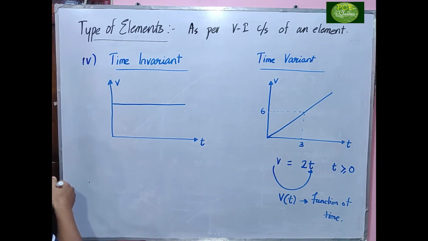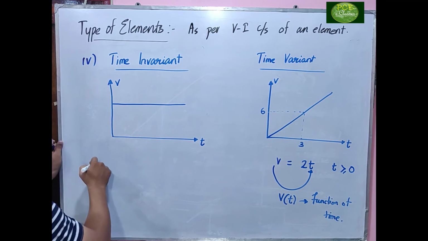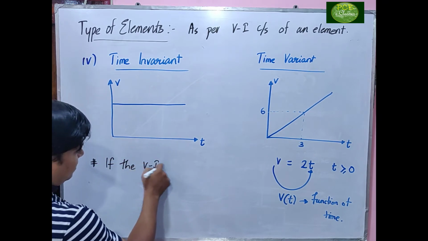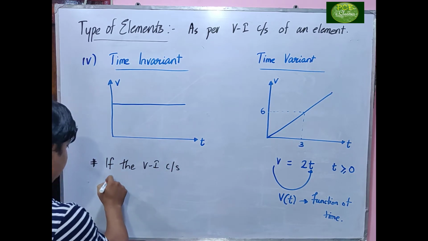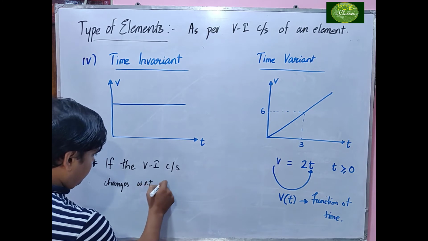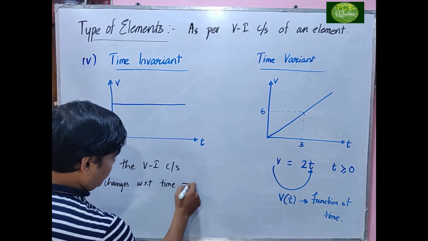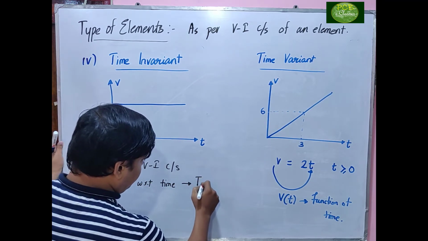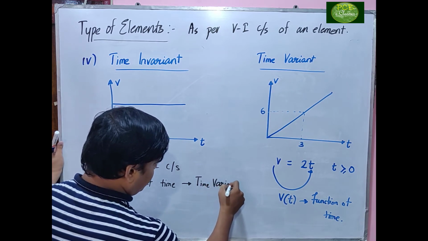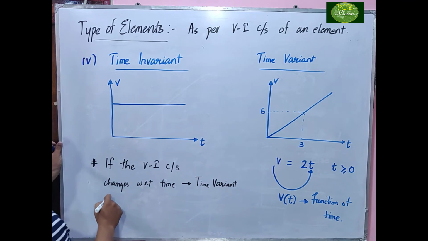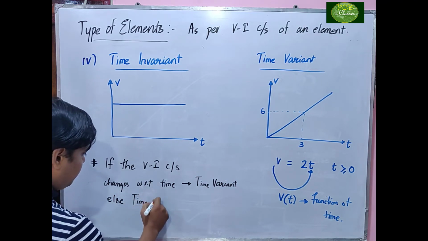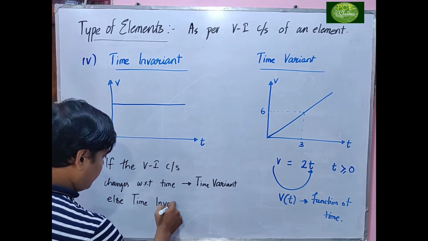So what I'll write down here: if the VI characteristic changes with respect to time, then it is time variant, else it is time invariant.